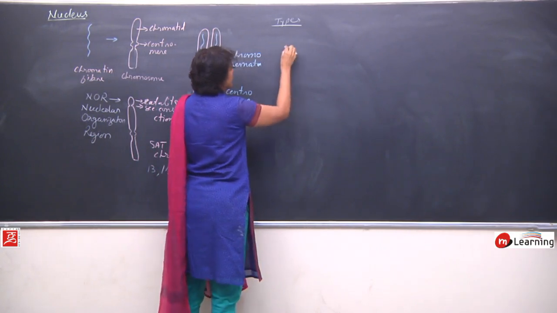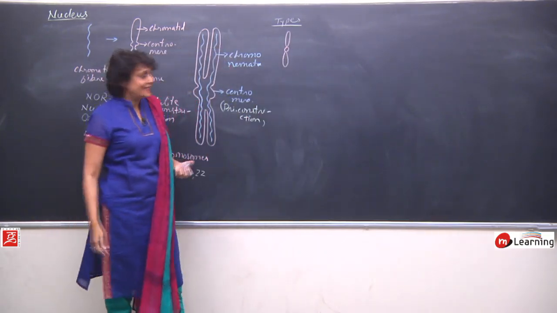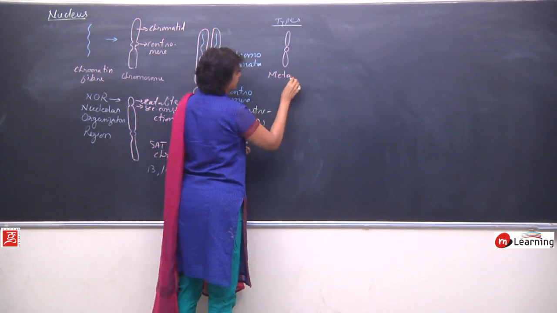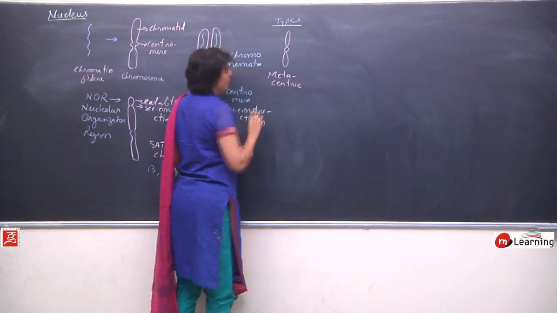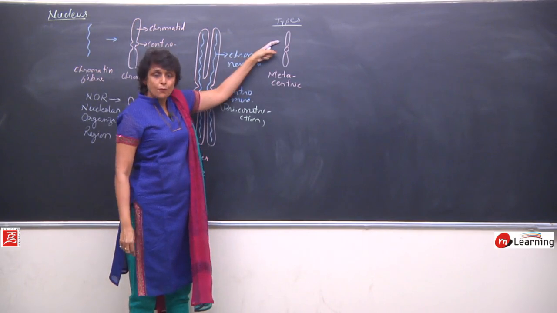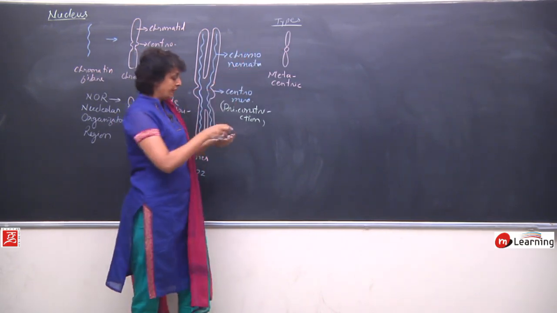So if this is the centromere and the two arms are of same length, then it is known as metacentric. Both the chromatids, their length is same, or we can say that the centromere is centrally placed.